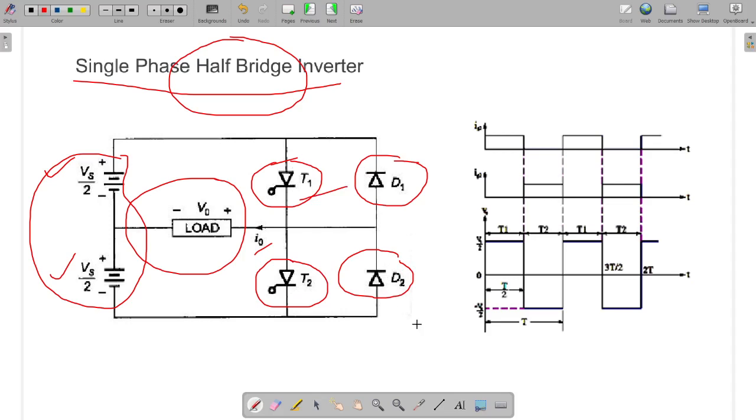Okay, so from 0 to T by 2, if we consider this as T by 2 and this as T. This is T1 and T2. For understanding, from 0 to T by 2, thyristor 1 conducts and the load is subjected to the output voltage.